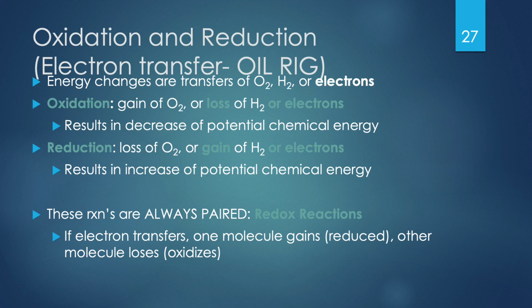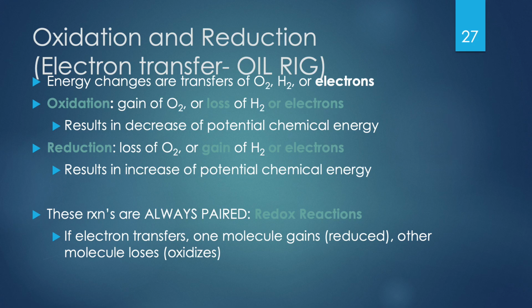Now let's discuss oxidation and reduction. I know that this can be very intimidating because I was very intimidated by this when I studied it the first time. So let's walk through it, and we'll take a 30,000-foot view, and I'll give you some tips on how to remember this, and it will make sense, I assure you. What we're discussing here in oxidation and reduction are energy changes during a transfer of either oxygen, hydrogen, or electrons. And this occurs during any chemical reaction or bond.